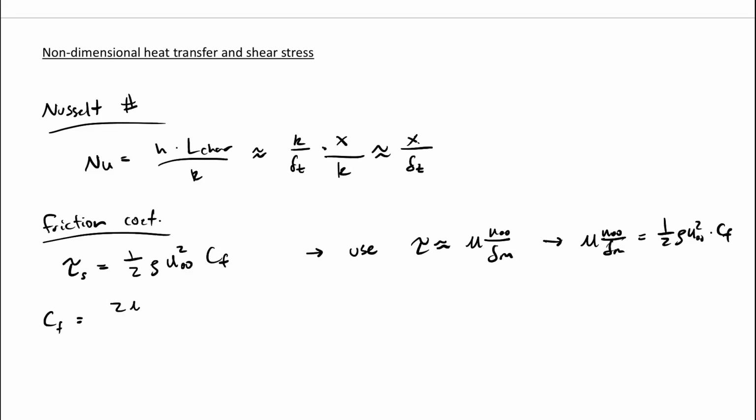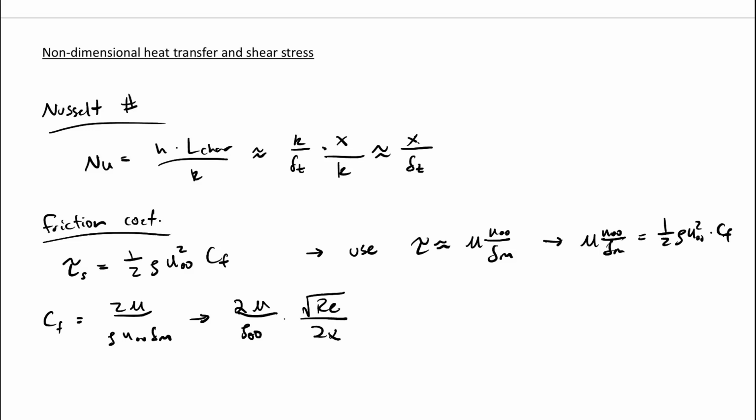That gives us 2 mu over rho U infinity delta M. Continuing to rewrite, that's actually 2 times mu divided by rho U infinity times the square root of Reynolds number divided by 2x.